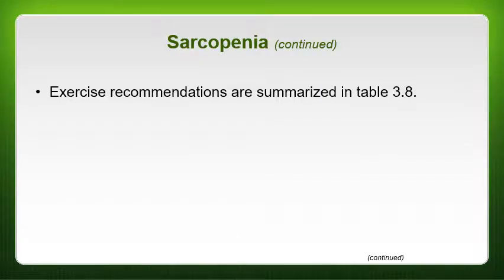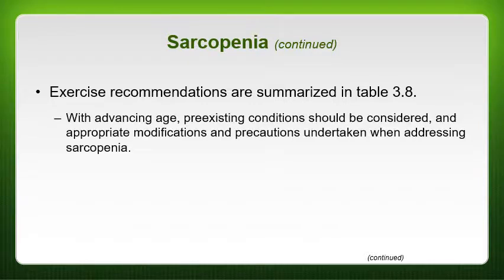You have table 3.8 to look at your recommendations. With advancing age, make sure pre-existing conditions are considered and appropriate modifications are made. With somebody who is already having sarcopenia, you want to maybe avoid some high intensity testing.